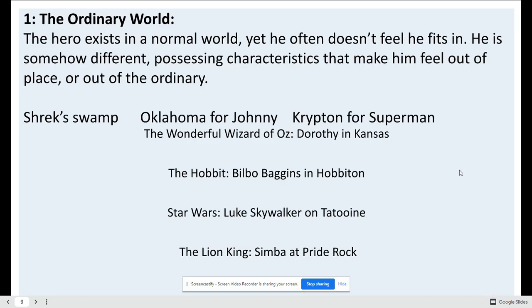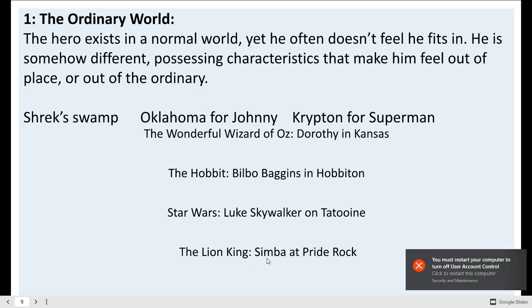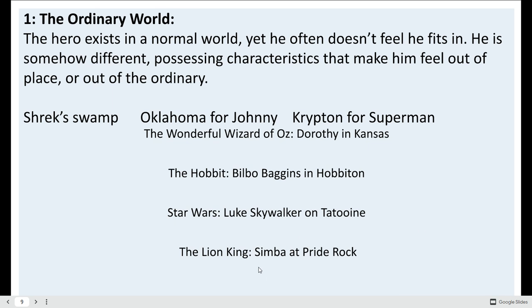The hero exists in a normal world, yet he or she doesn't often feel like he or she fits in. He sometimes is somehow different. He possesses characteristics that make him feel out of place or out of the ordinary. So if you think about different ordinary worlds from popular heroes, such as Pride Rock from The Lion King, Simba often feels out of place, his father dies, and he runs away.